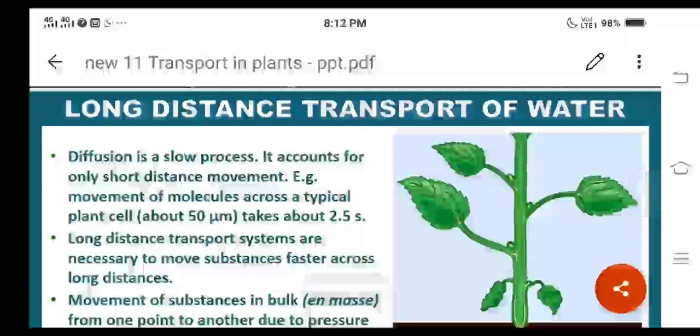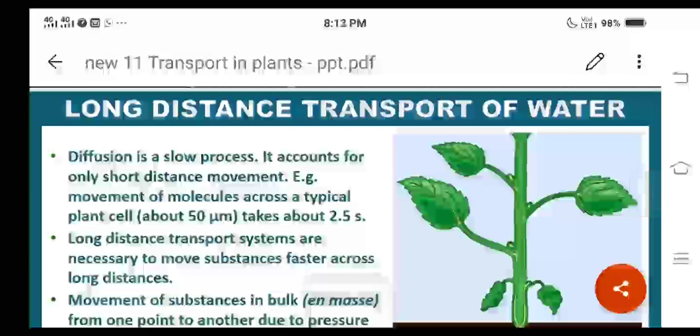When we take a transverse section of the stem, it shows the colored part, and based on this we can identify that the path of water movement, or the ascent of sap, takes place through the vascular tissue called the xylem. Based on this we can tell that the xylem is the water conducting tissue.